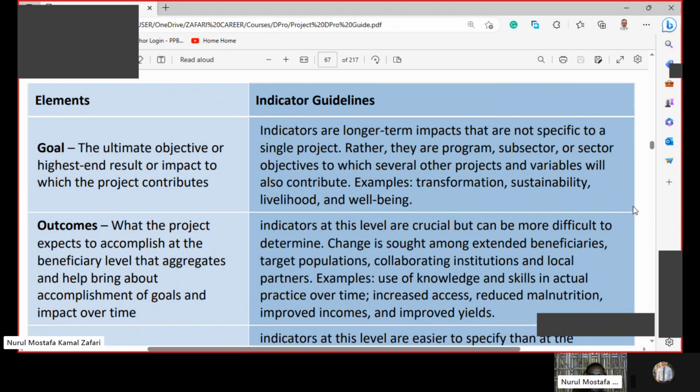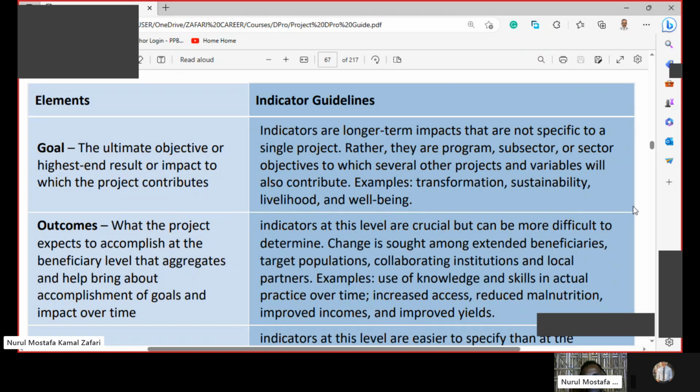And to write an indicator statement for goal level is to be that measures transformation, sustainability, livelihood, and well-being. And it measures the long-term impacts, and it can be not specific to a single project.